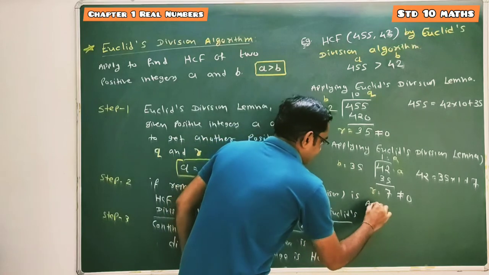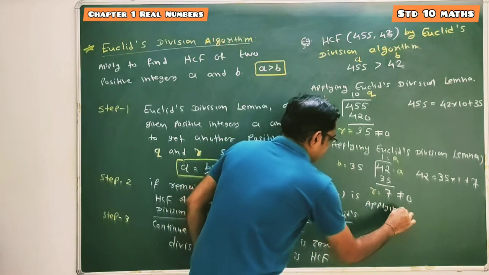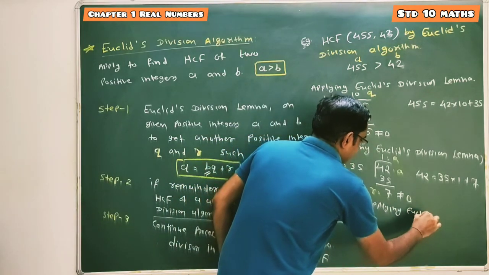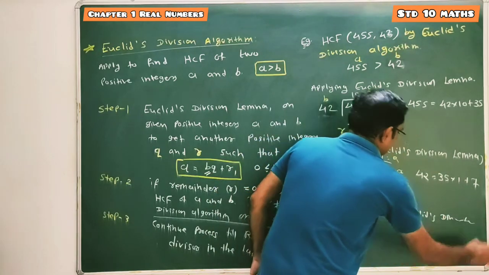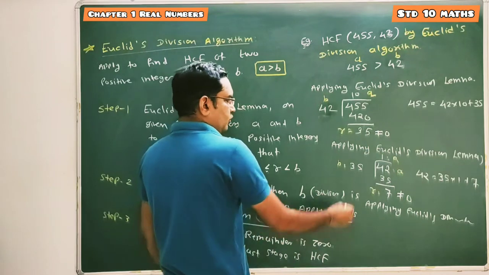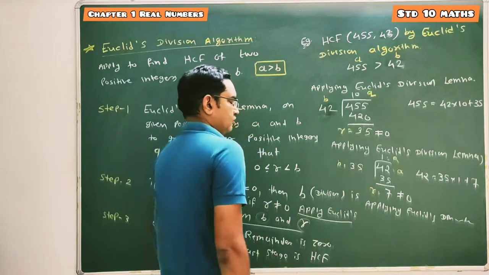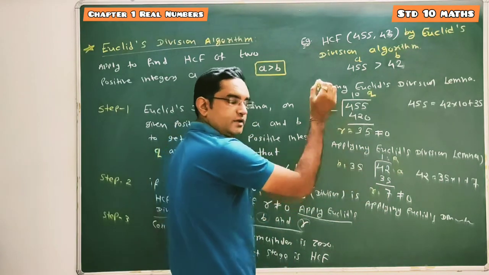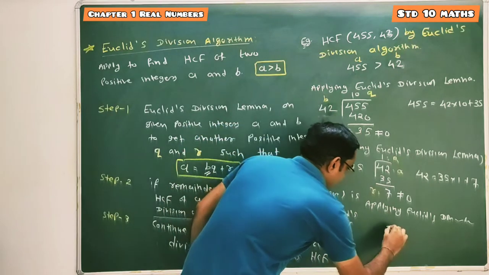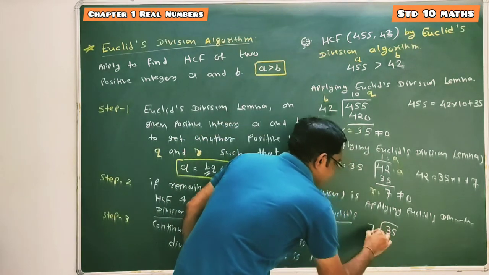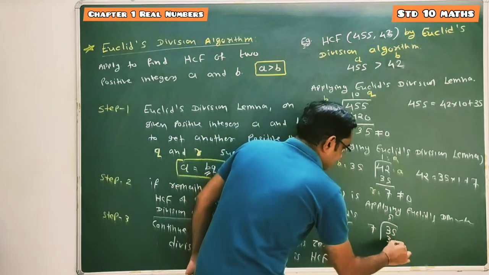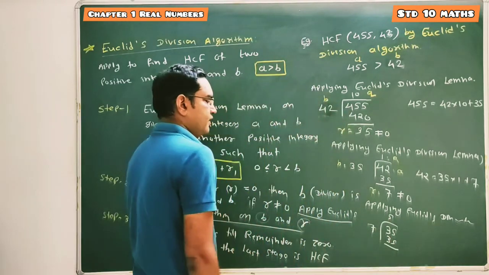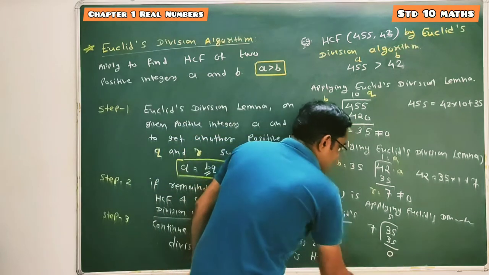So again applying Euclid's division lemma on b and r. For this third step, our b is 35 and r is 7. So dividing 35 by 7: 7 fives are 35, and remainder is 0.